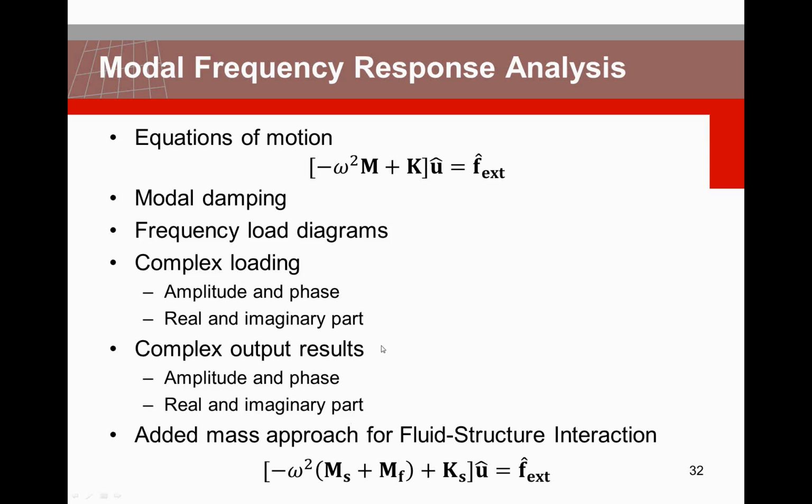For instance, in the DIANA output device, we send the result as a complex number, as a real and imaginary part, to the post-processor, but the post-processor itself calculates the amplitude and the phase angle. For other output devices, for instance just tabulated output, you can choose yourself whether you want amplitude and phase angle or real and imaginary part.